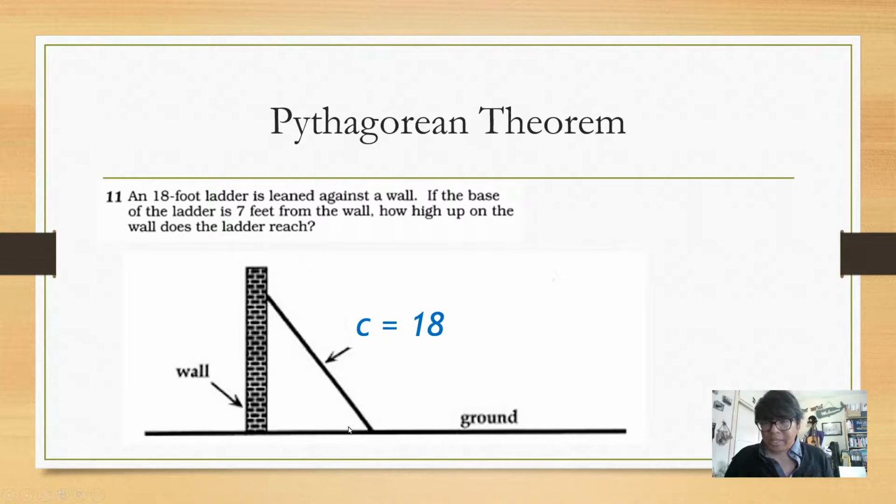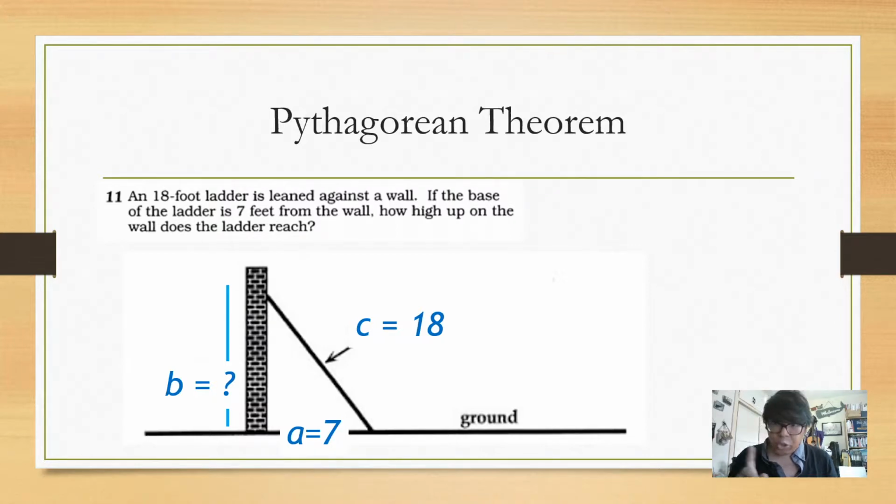So if that's the right angle, that means that C is 18. Just like before, the other sides don't matter as much. I'm going to let A be the 7, which is how far away the bottom of the ladder is from the wall. And then the height the ladder reaches, I'm going to let that be equal to B. So B is unknown.